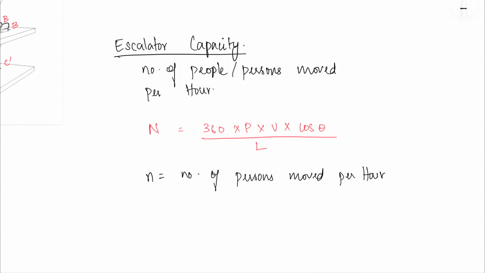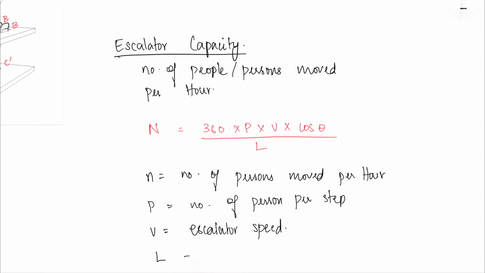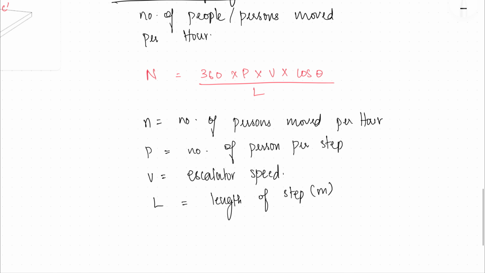Your P is the number of persons per step. V is the escalator speed. L is the length of the step in meters, and theta is the angle of incline.